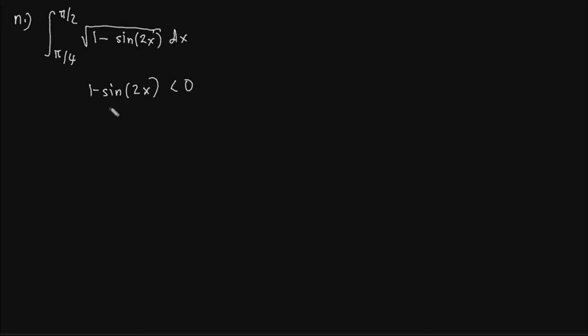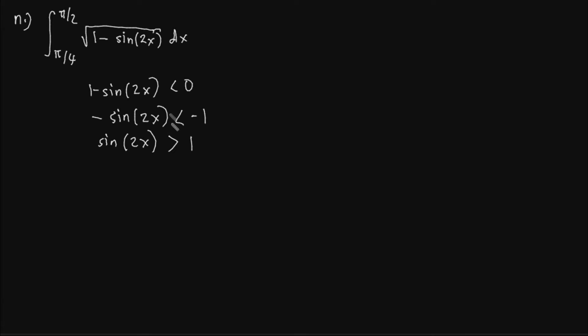So with this, we can have negative sine of 2x being less than negative 1, or this becomes sine of 2x greater than positive 1. So, in this case, our inequality is sine of 2x should be greater than 1. Okay? Actually, it can also be equal to 1.